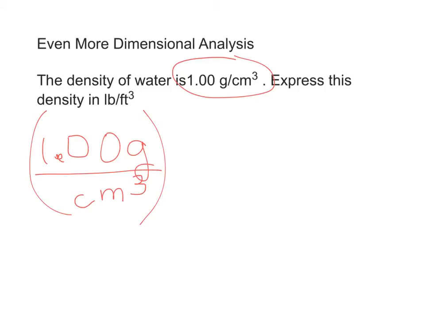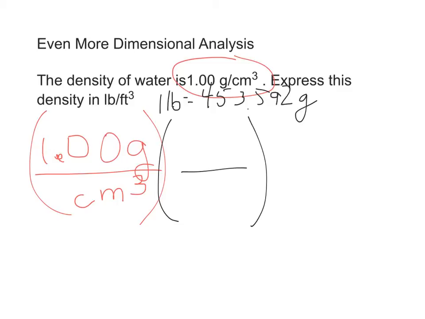All right, so let me go ahead and give you those conversion factors here, because 1 pound, you're going to need to know, is 453.592 grams. So we're going to want to write that as a conversion factor so that we can have our grams canceling out.